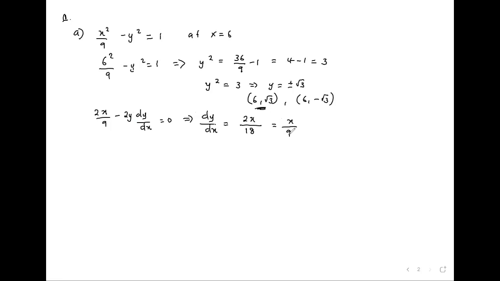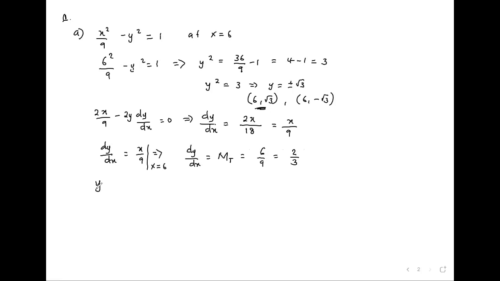So our dy/dx is x over 9. So it means that it was not even important to get the y values. No, they are still important. So at x is equal to 6, dy/dx, which is equal to mt, is 6 over 9, which is 2 over 3.